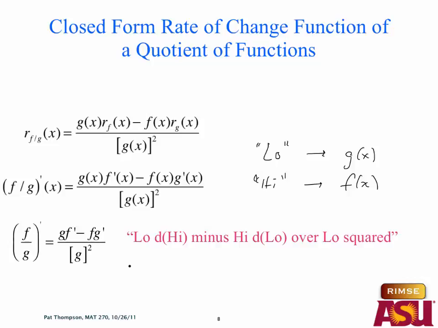Now order matters. If you change the subtraction, you get something different, you get the opposite. So in the numerator, what comes first matters. You have to have low times the rate of change of high first, and then minus high times the rate of change of low, over low squared. If you can just remember the first part, that's all you really need.